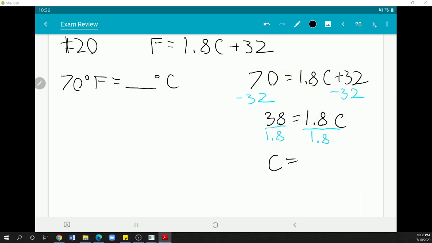And I'm going to switch these around. That's fine, I can do that. Equal signs work that way. So I take 38 divided by 1.8, and I get about 21.1. So that's what we'll write. Again, I'll round to the nearest tenth. So 70 degrees Fahrenheit is about 21 degrees Celsius.